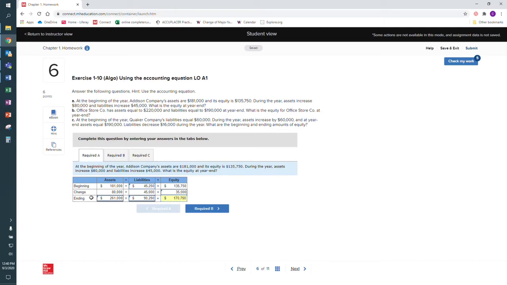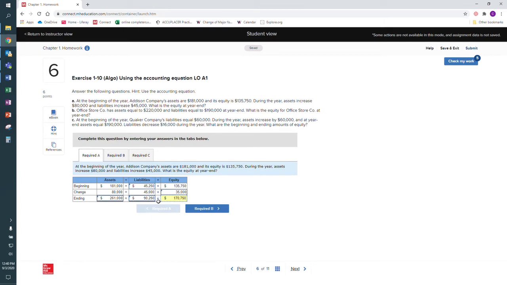Now, again, we just need to make sure, though, that the accounting equation is still balanced on this ending line. So does liabilities of $90,250 plus the equity of $170,750 still equal the $261,000 in assets? And yes, it does.